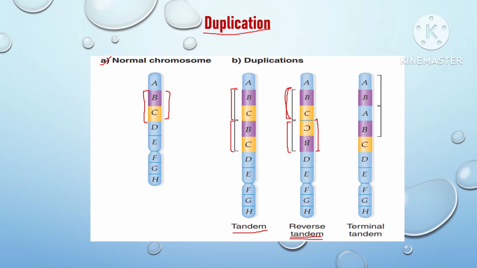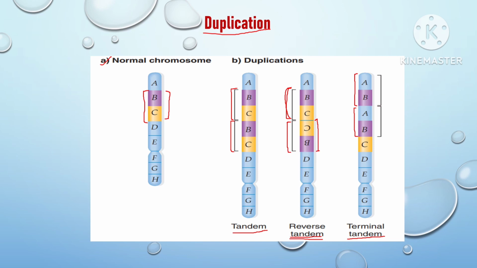And when this type of duplication occurs in the terminal portion of the chromosome, you can see this is the terminal portion. So here the A and B segment is doubling. They are present twice, so this is doubling of segment A and B. This is what we call the terminal tandem.